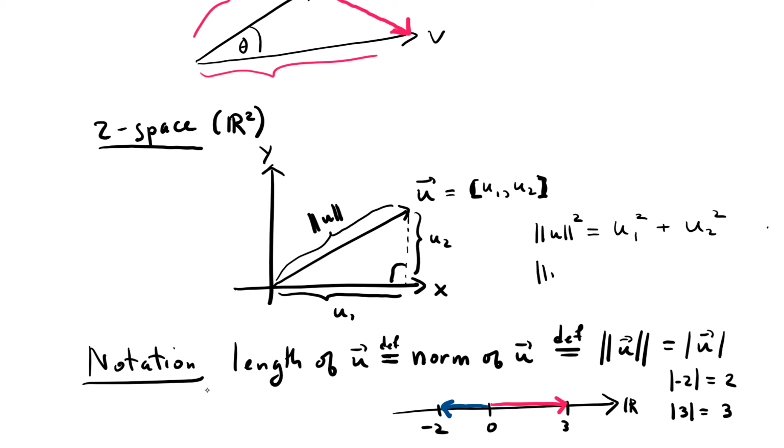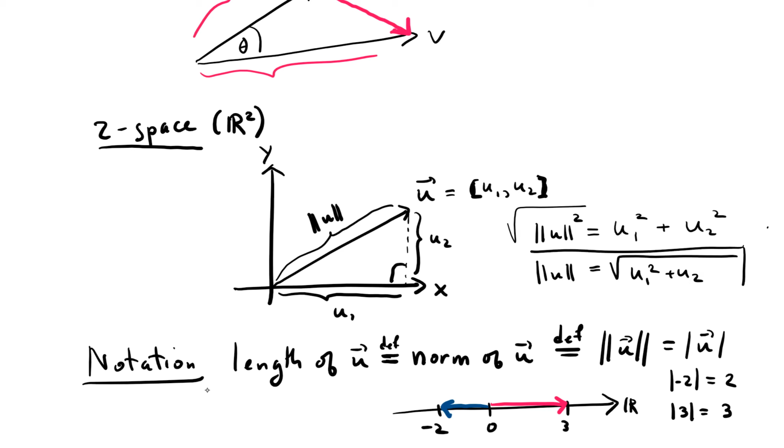And if I want an expression just for the length, just for the norm of u, I'm going to take the square root on both sides. Taking the square root, this just becomes the norm of u, because the norm, or the length, is a positive quantity. So when you take the square root of something positive that's squared, you just get that positive value.